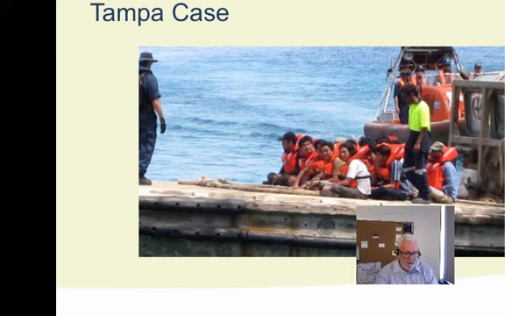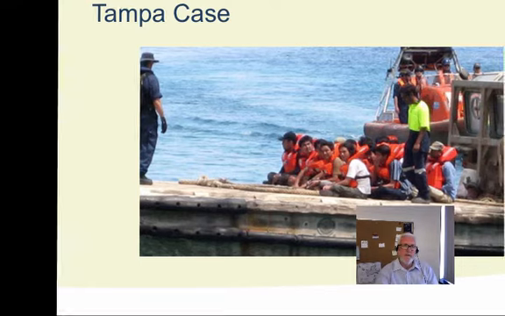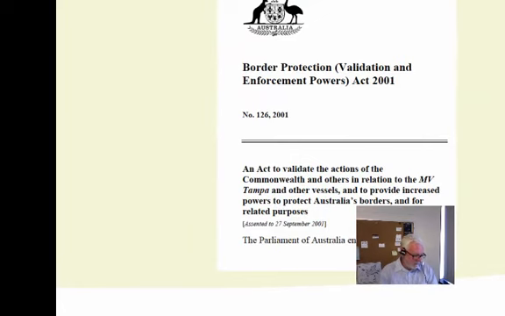Those of you who remember the Tampa case, have a look at it, and if you want to read any more about it, there's a great book out there called Dark Victory. But essentially what happened was a whole lot of different laws were broken in the way these people were dealt with, potentially leaving the Commonwealth open for all sorts of claims, although it's hard to imagine people in the state they were in making such claims against the Commonwealth government.